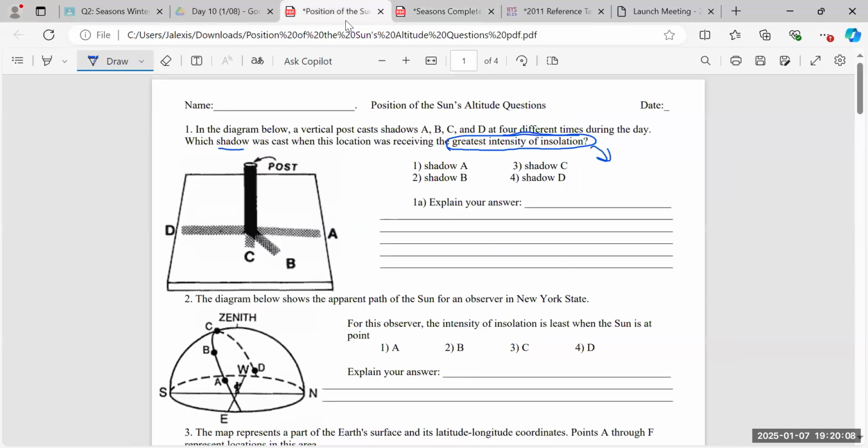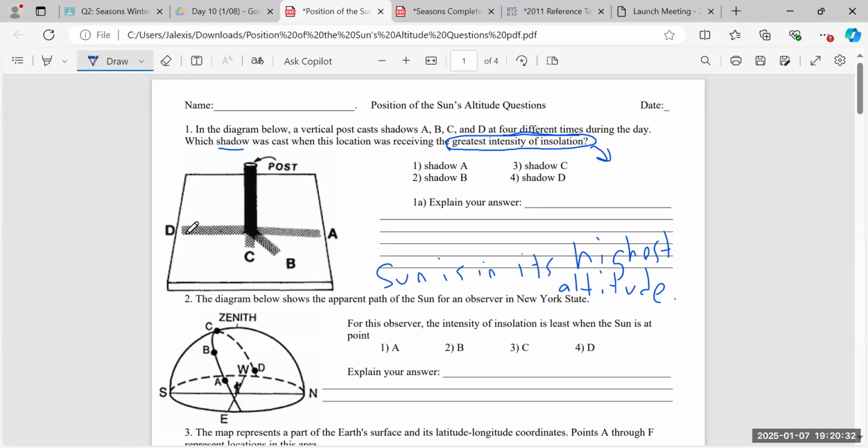So that means we have to find which shadow was cast when the sun is at its highest altitude. Keep that in mind.